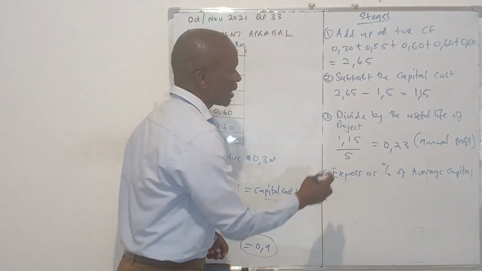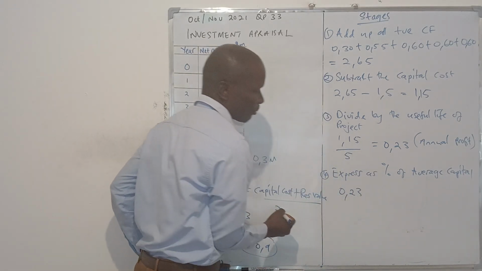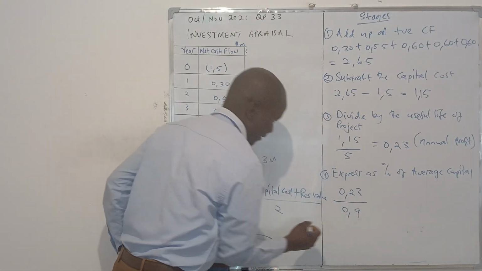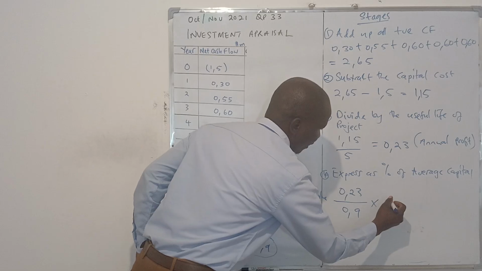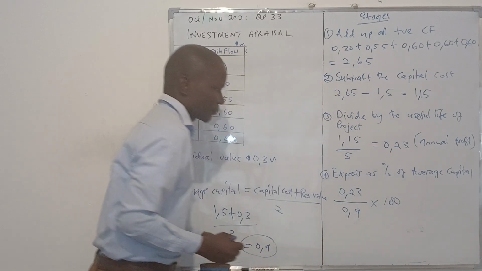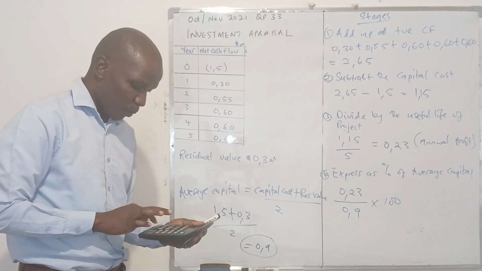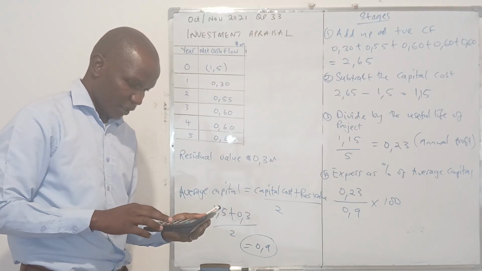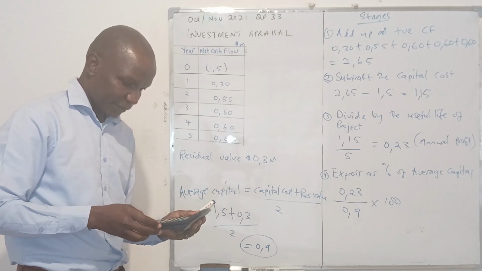So in other words, when you come down here, you say 0.23, which is our annual profit, over 0.9 times 100. If you say 0.23 divided by 0.9, we get that times 100.